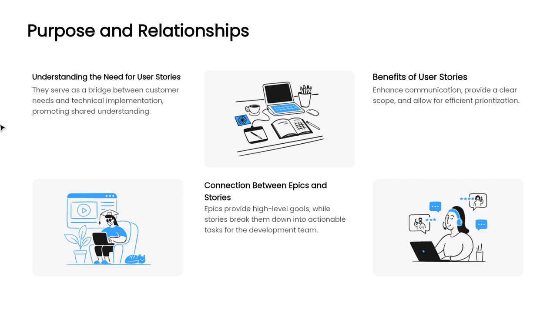The benefits are many. Stories enhance communication, provide clear scope, and allow efficient prioritization of the work. They help to ensure everyone understands not just what we are building, but why we are building it and who we are building it for.